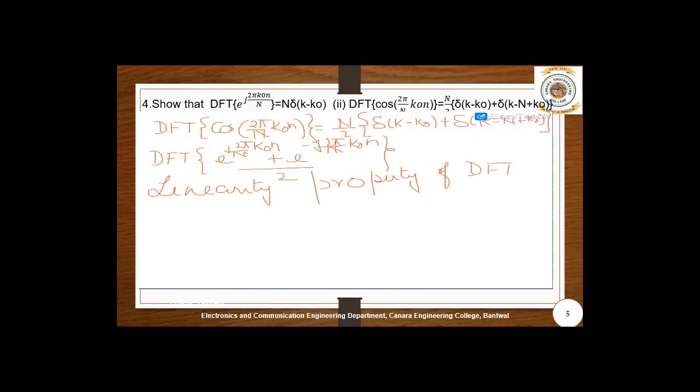1 by 2 times [DFT of e to the power j 2 pi by N k naught n plus DFT of e to the power minus j 2 pi by N k naught n].